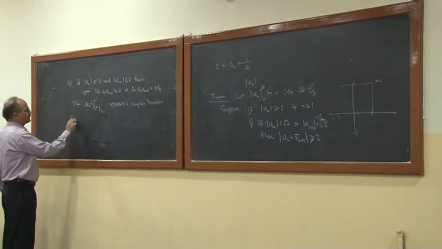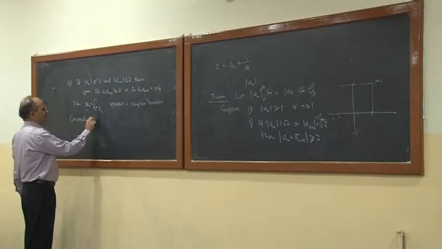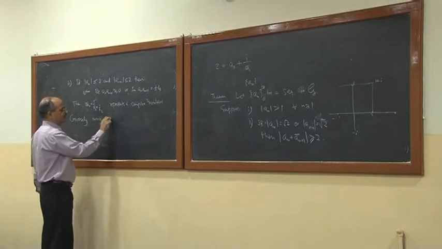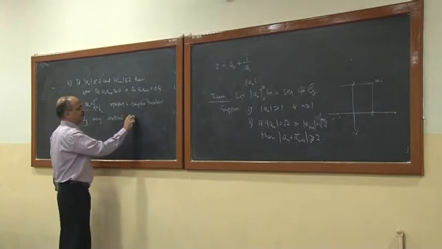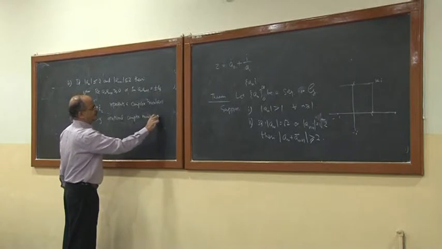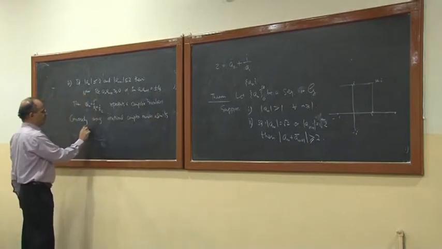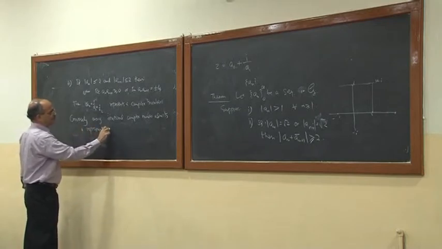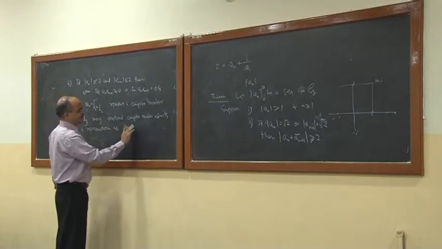Conversely, every irrational complex number admits a representation as A0 plus 1 over A1, etc.